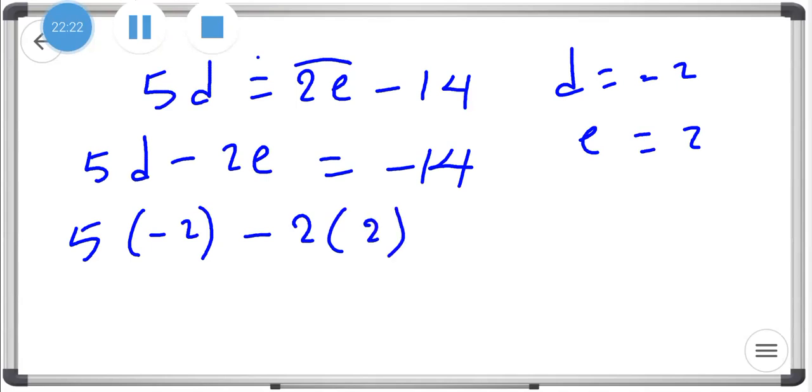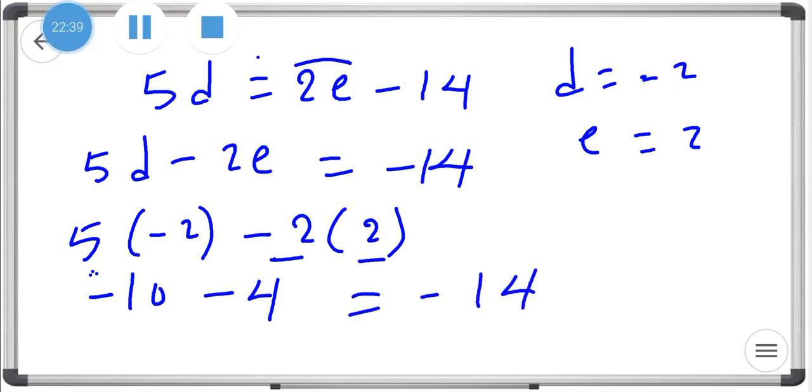So from here, 5 multiplied by minus 2, that is minus 10. And also minus 2 multiplied by 2, that is minus 4. So minus 10 minus 4, that is minus 14. You can see we have that here, minus 14. So which means D equals minus 2 and E equals 2 is correct.